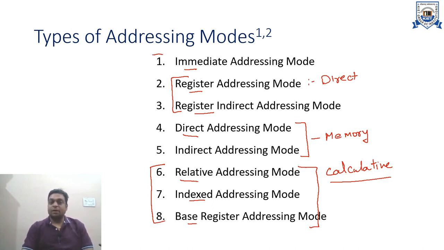These five are the basic or the base addressing modes, and these three are the calculative or the displacement addressing modes. Why displacement? Because here we need some calculation to get the effective address of the operand.